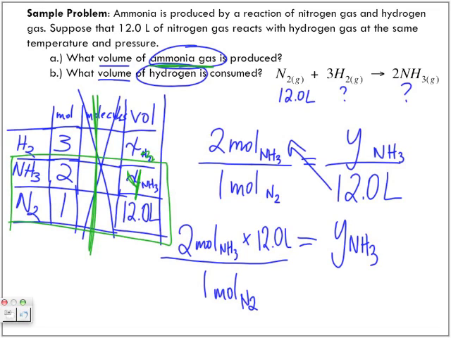And the units cancel out. We multiply 2 times 12.0 and we get a volume for ammonia of 24.0 liters.